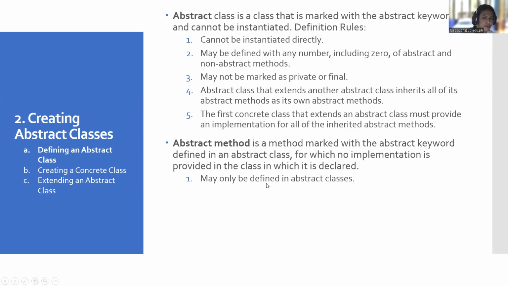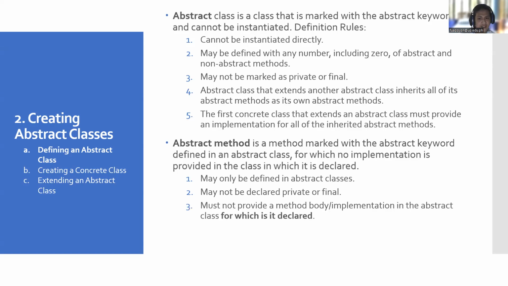It may only be defined in abstract classes, so your abstract methods cannot be defined in your concrete classes. It may not be declared private or final because you cannot override or re-implement it if it is private or final. It must not provide a method body or implementation in the abstract class in which it is declared. Again, that's emphasis that you cannot put an implementation if you declared it in that abstract class.